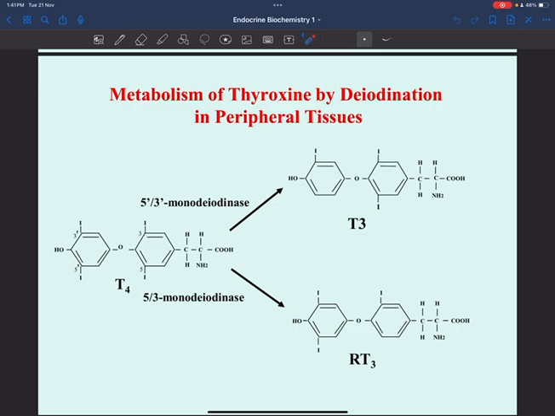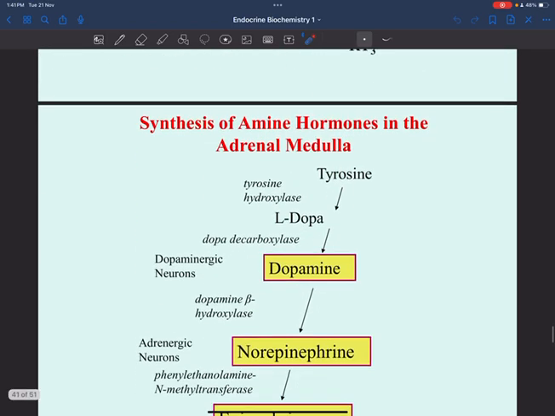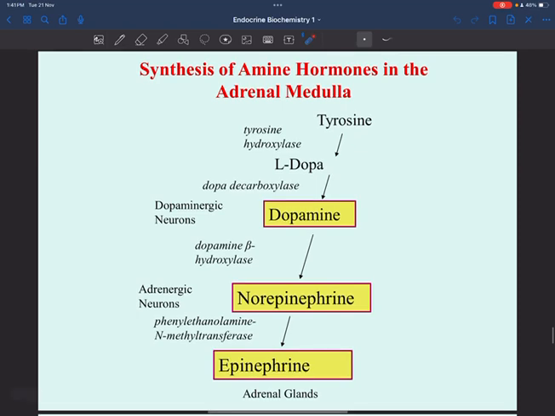I think we discussed this before, tyrosine as an example of having more than one fate. One part can make thyroxine, and in another function it makes a group of hormones that are derivatives of tyrosine. For example, the hydroxylation process will give you a dopa structure, and dopamine will be formed due to a decarboxylation step.